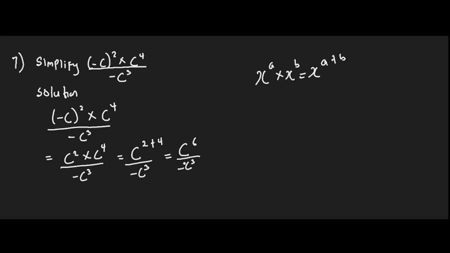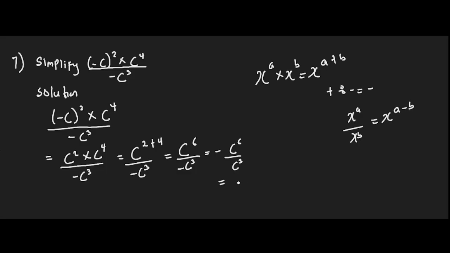To simplify this further, we have a plus with c^6 and a minus with c^3. And we know that plus divided by minus will give us a minus. So we could have -c^6 all over c^3. To simplify that further, we apply x^a over x^b giving x^(a-b).